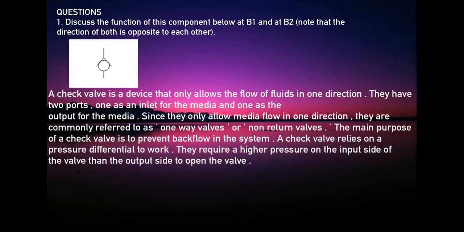It has two parts, one as the inlet for the media and one as the output for the media. Since they only allow media flow in one direction, they are commonly referred to as one-way valves or non-return valves. The main purpose of a check valve is to prevent backflow in the system.